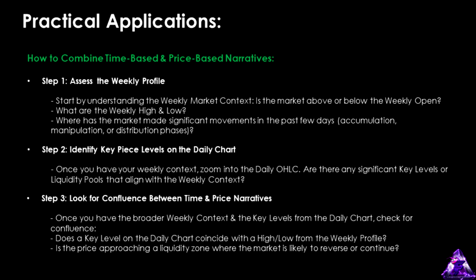Once the London manipulation has been identified and price starts expanding, it's expected that a daily range expansion lower will follow. The trade can then be managed accordingly, with potential continuation moves occurring during the London or New York sessions until price reaches an opposing premium key level. Building a strong narrative ensures that every trade is based on an objective market context rather than impulsive decision making.